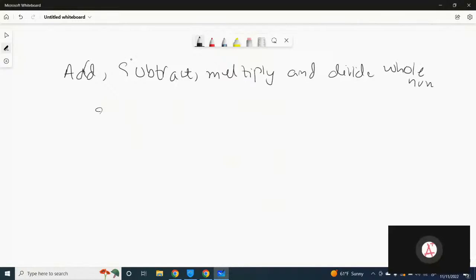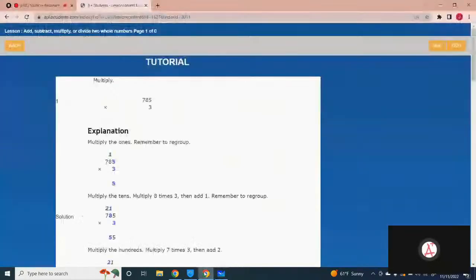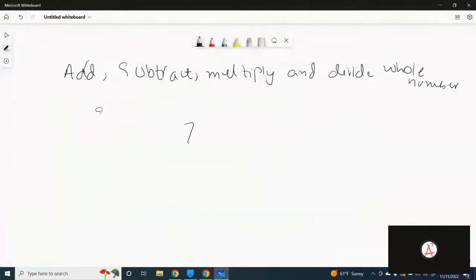So let's start with the first example. It would be related to multiplication. So you have to do 785 times 3.